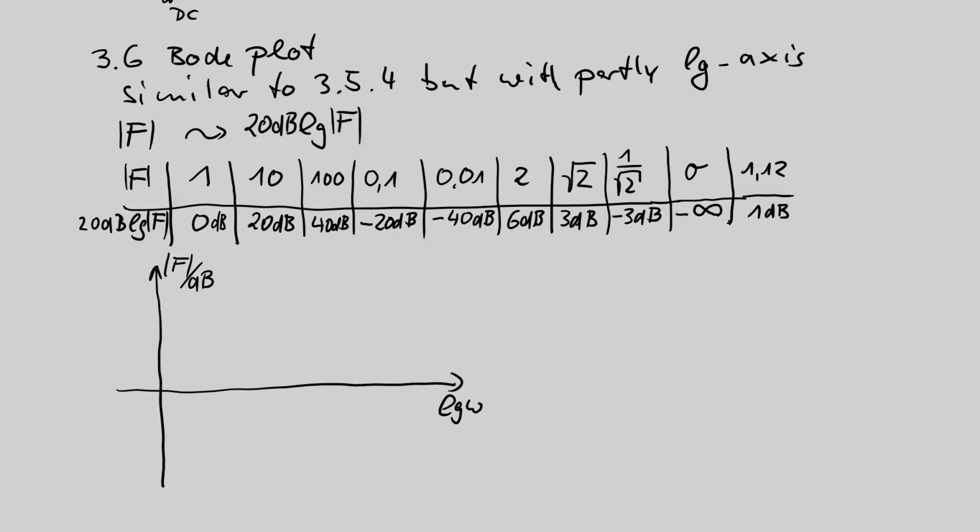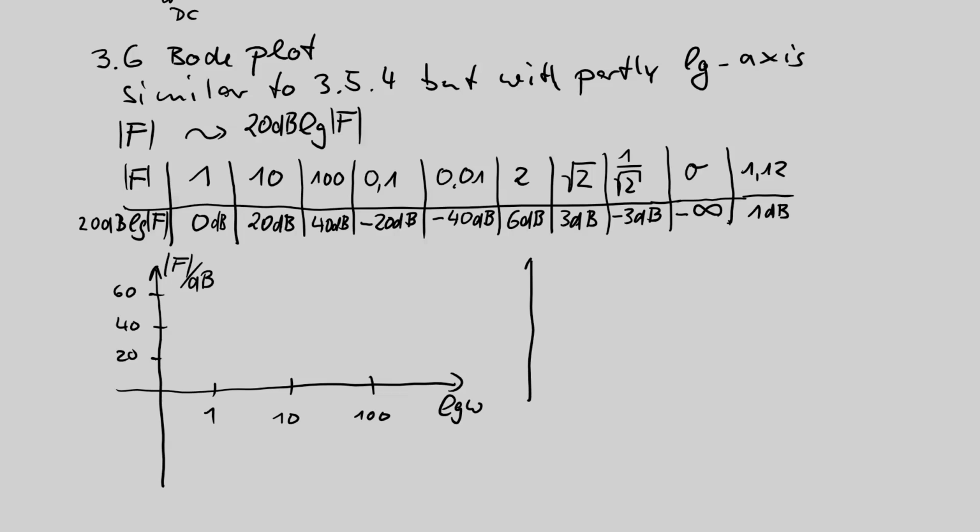That means, for example, if this is 1 and this is 10, then this will be 100. Now that is the logarithmic scaling of omega, and the dB scale, because the dB value is already logarithmic, is linear. If this is 20, then this is 40, and then this is 60, expressed in dB. So this is the scaling of the F curve.